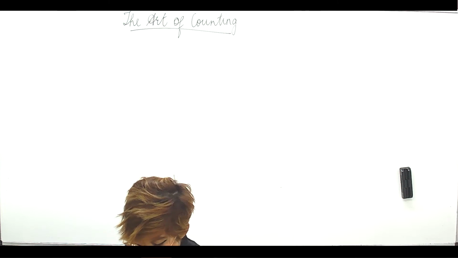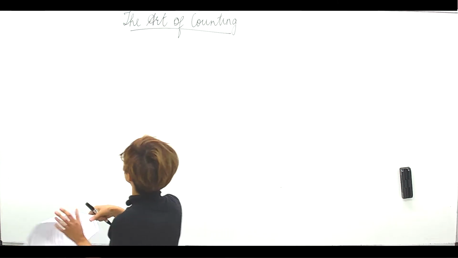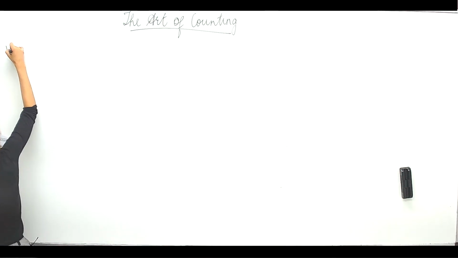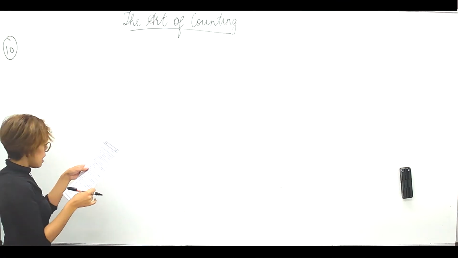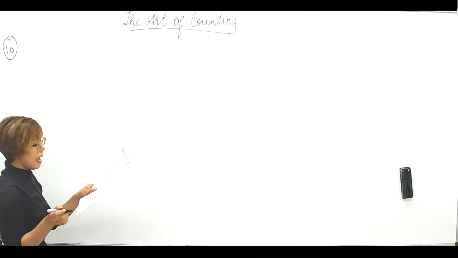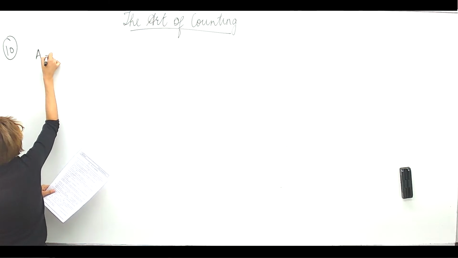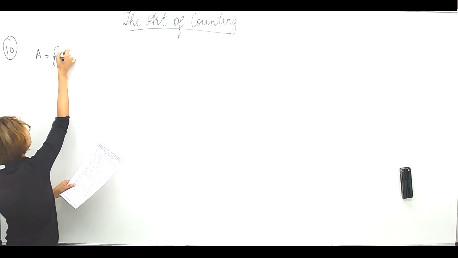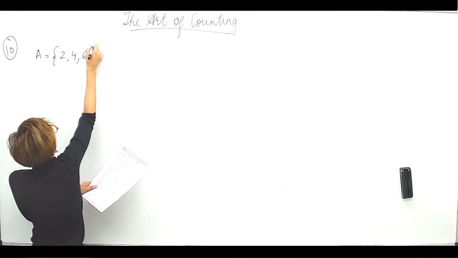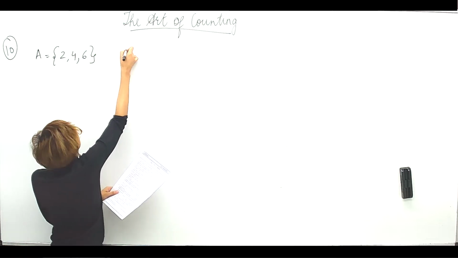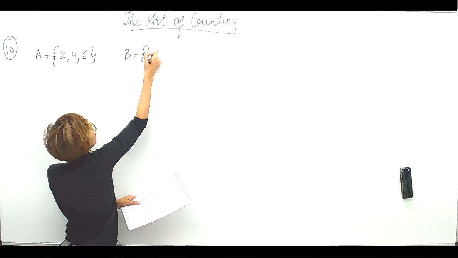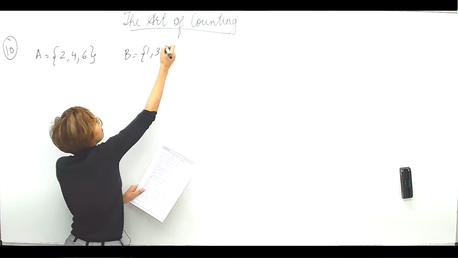Consider two sets, A and B. Now, A is a set containing 2, 4, 6 and B is a set containing 1, 3, 5 and 7.